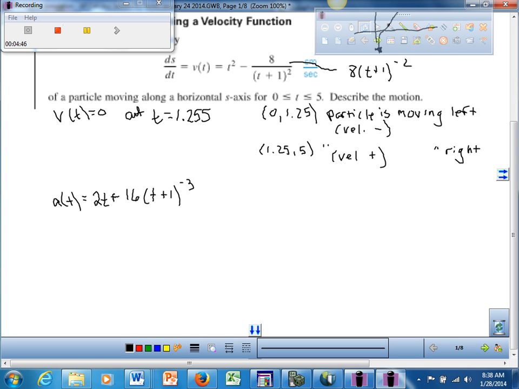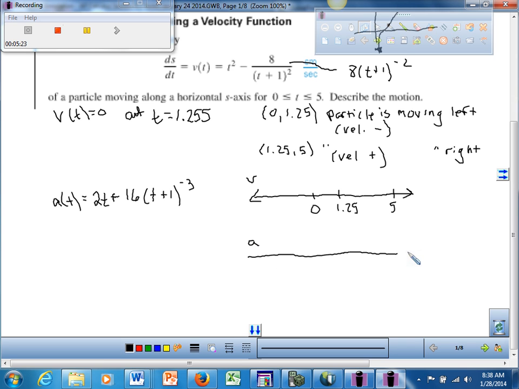Now, in your y1 again, graph that and find the zero or tell me about this function. Is there a zero? Nope. Tell me about the acceleration.